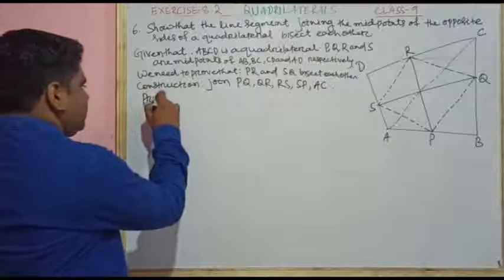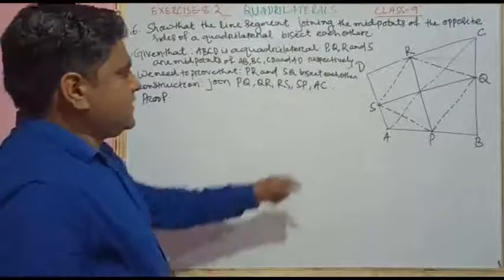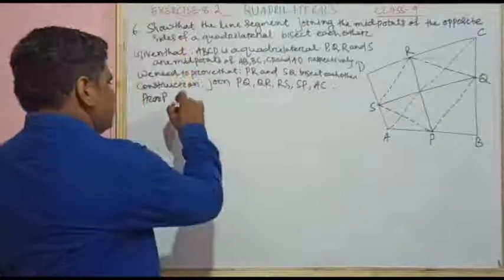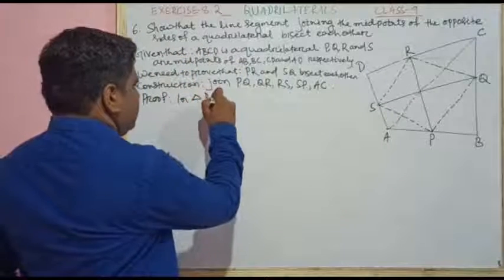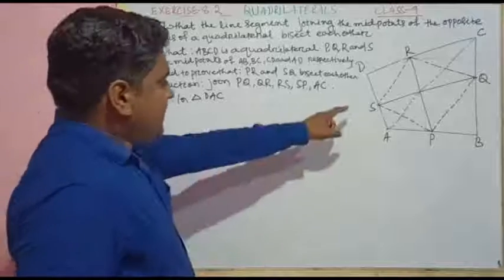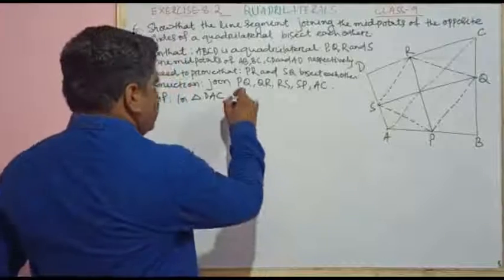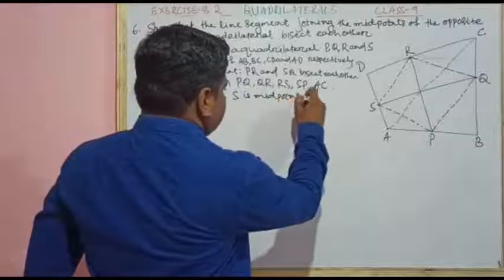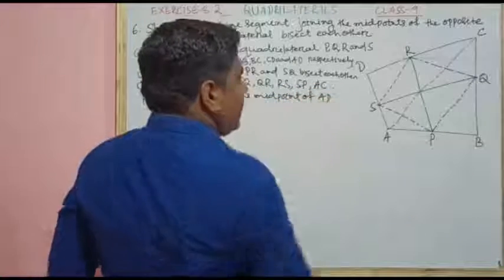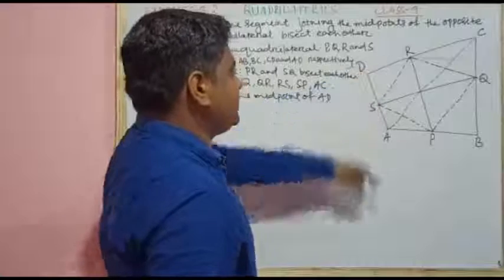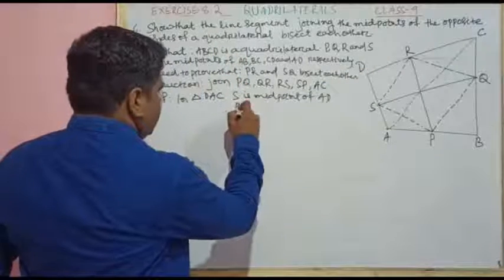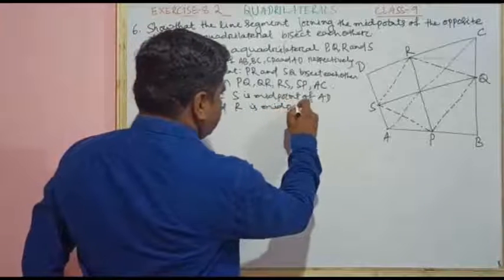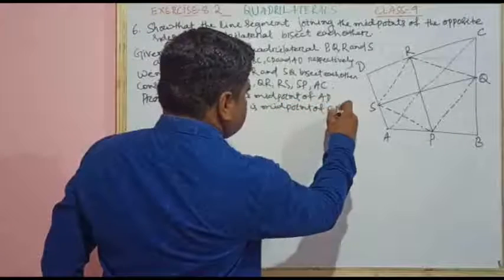Now proof. In triangle DAC, S is the midpoint of AD and R is the midpoint of CD.